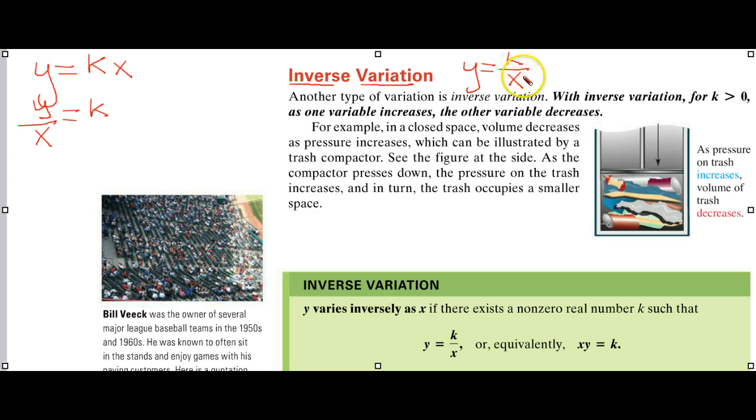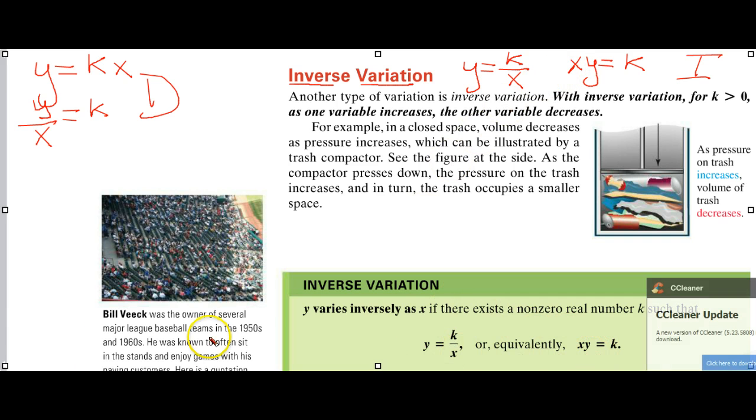Now here, if we solve for k, we're going to multiply both sides by x, and we get xy equals k. Here they cancel out. So you can see the difference. This is direct, and this is inverse variation. So this is written up down here as well, a little introduction.